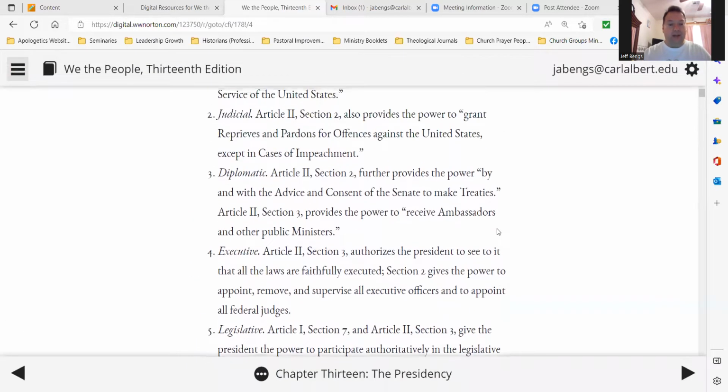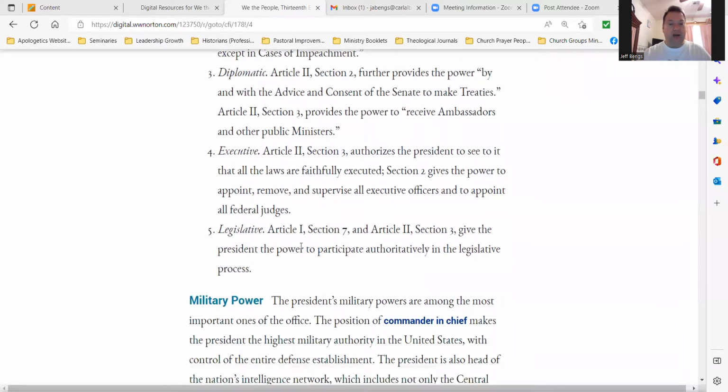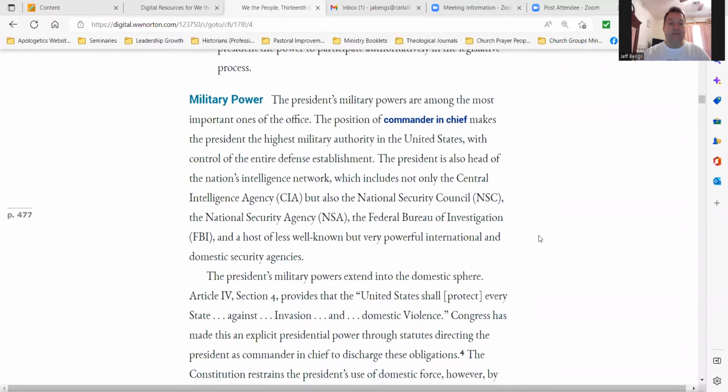And then the president has a 5th category of express powers, and that is the legislative category. Now notice that it's the exact same word. So he's going to have some similar functions to the legislative branch. And this category gives the president power to participate with authority in the legislative process.